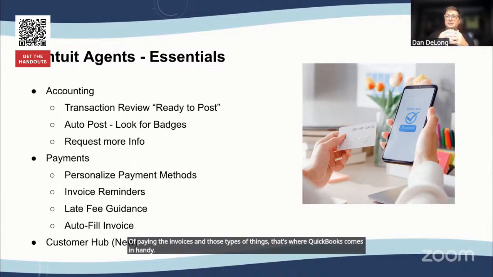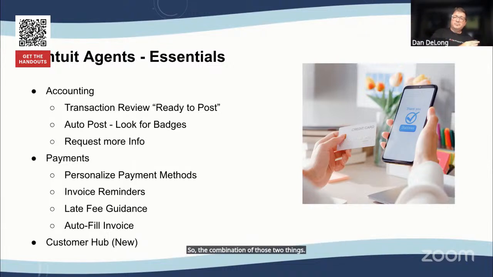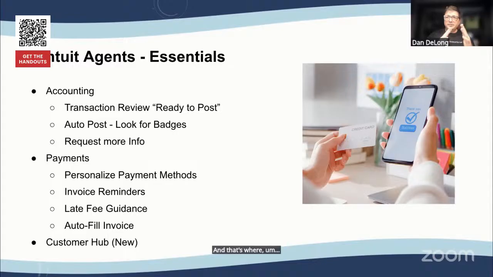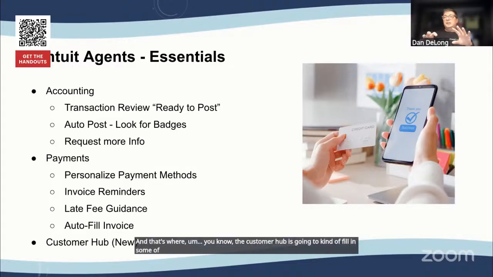So the combination of those two things, because it's more expensive to get a new customer than it is to nurture an existing customer, is where the customer hub is going to fill in some of those gaps.